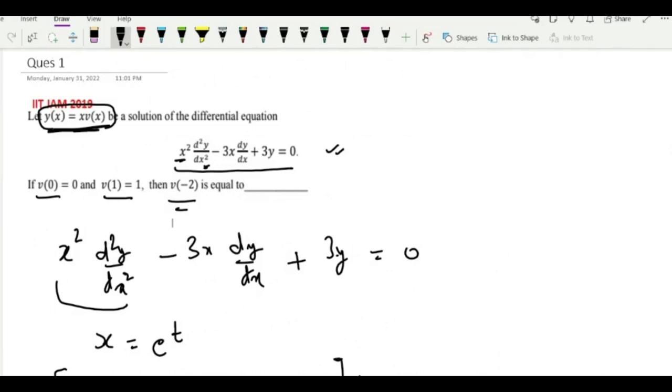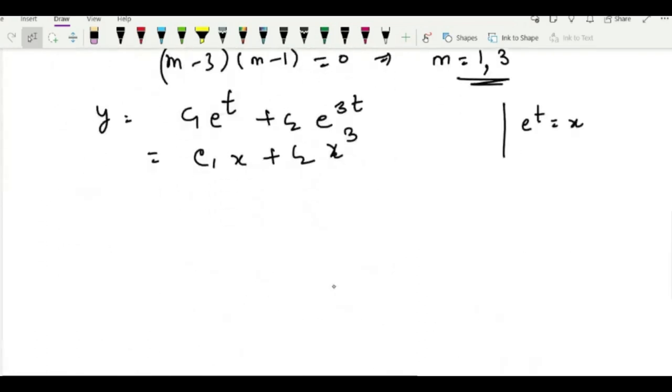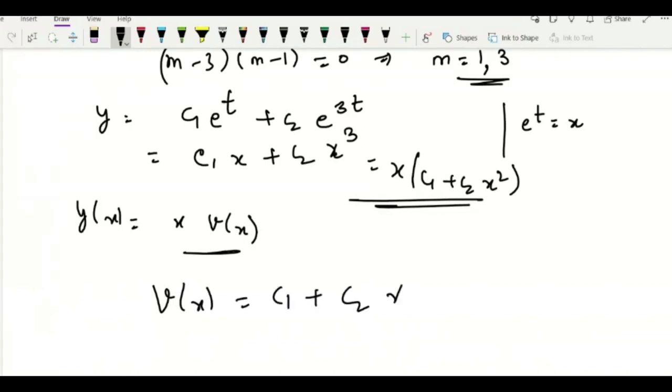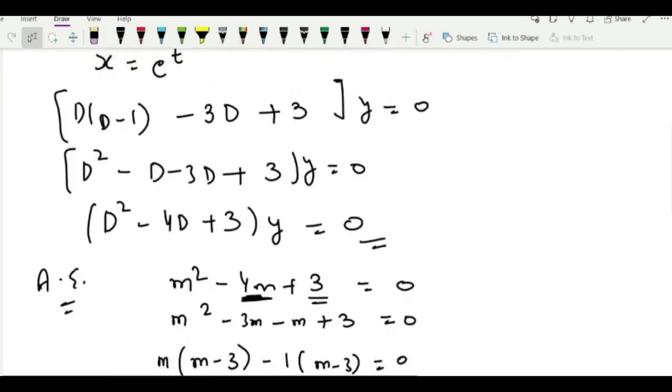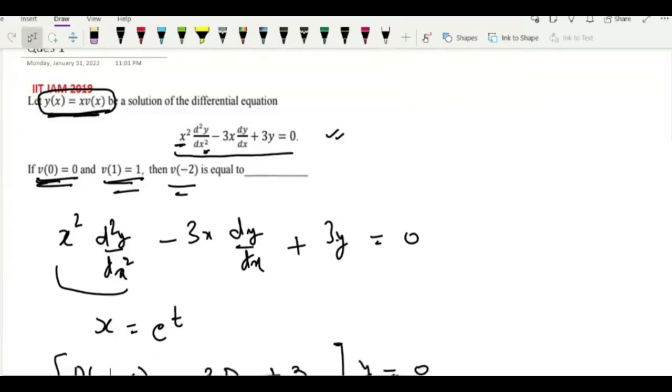So comparing it with y(x) is equal to x into v(x), from here we can also take x common: C1 plus C2 x square. When we compare this with this, we get v(x) is equal to C1 plus C2 x square. So here we get the value of v(x), and v(0) is equal to 0, v(1) is equal to 1.